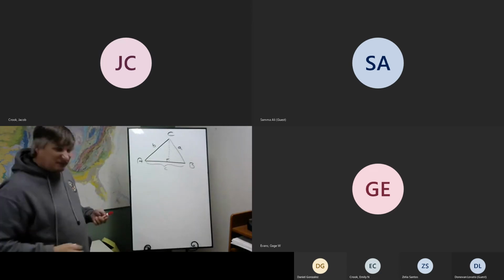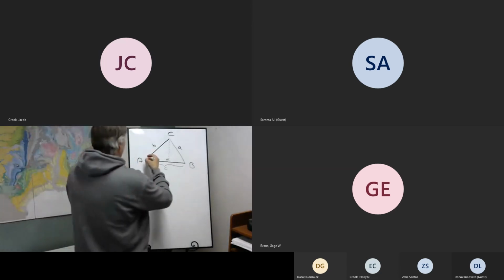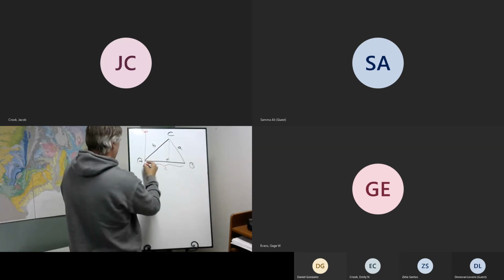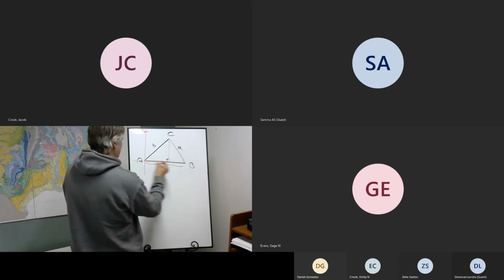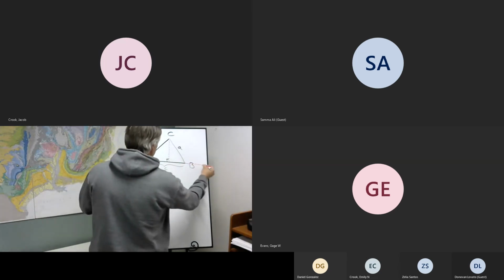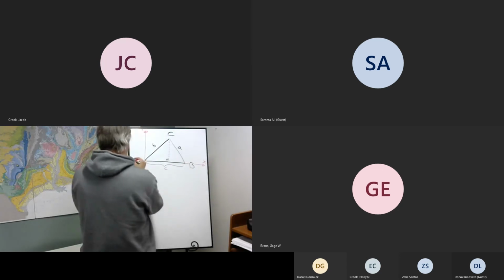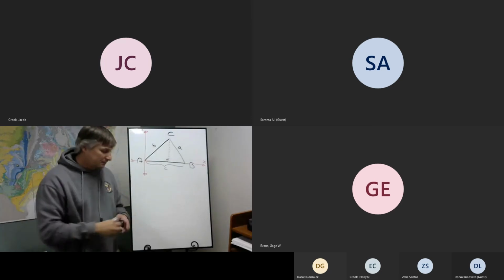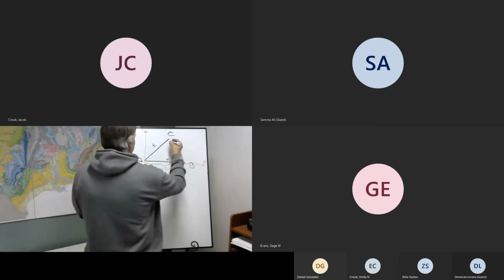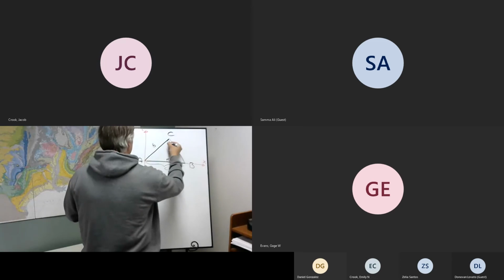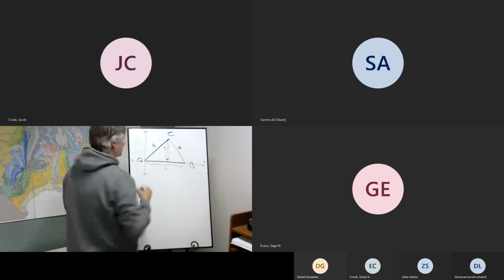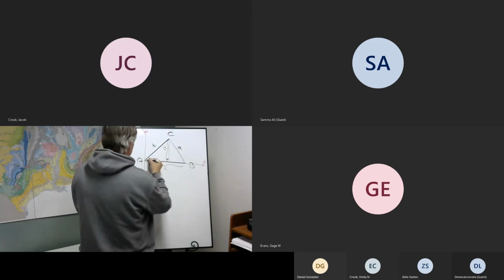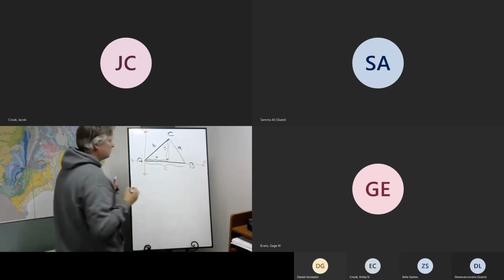Well, what we're going to do that's a little different, we're going to bring in the y-axis and an x-axis. And the corner of the triangle where we have angle A, that's going to sit at the origin. The height we're going to call y. And then where that height drops, we're going to call that x.